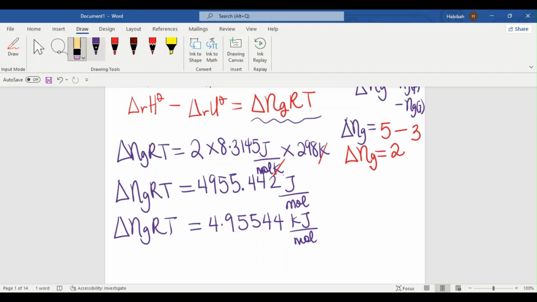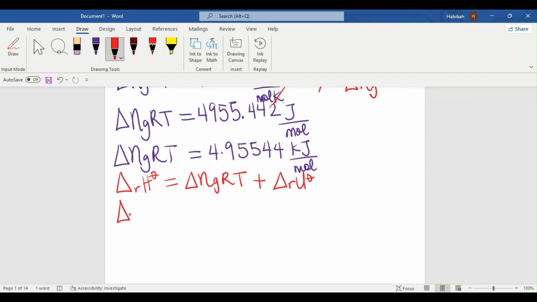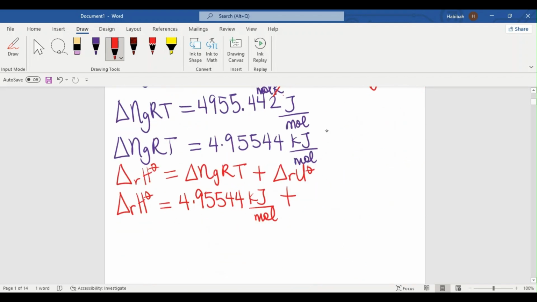So the next thing we have to do is rewrite the equation up top. The change in enthalpy of the reaction equals the change in n_g times RT plus the change in internal energy of the reaction. So we substitute what we have: the change in enthalpy of the reaction equals 4.95544 kilojoule per mole plus the change in internal energy, which is negative 1373 kilojoule per mole.